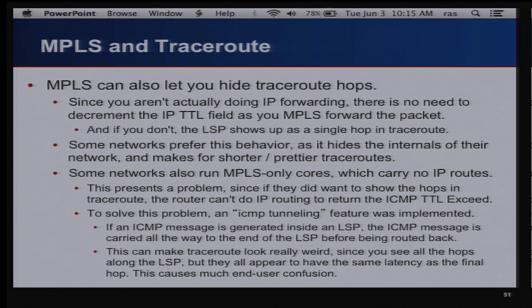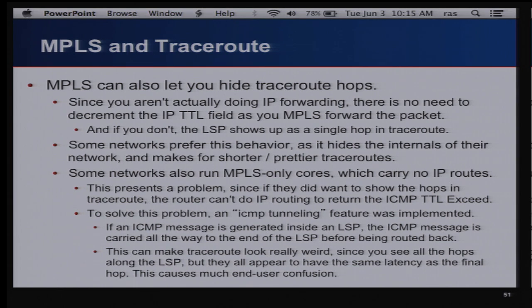There's people that have religious beliefs that number of hops equals bad, and so if they see a network that only has a few hops, they think their packet got there faster somehow, even though it went through the exact same everything. And so there's people that do this intentionally to market to those customers.